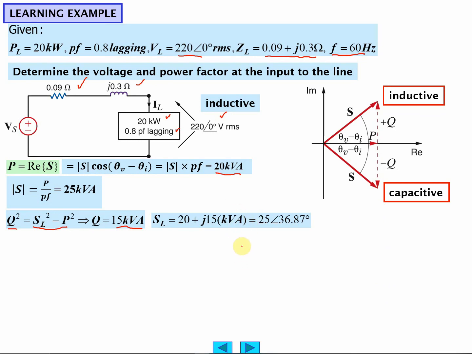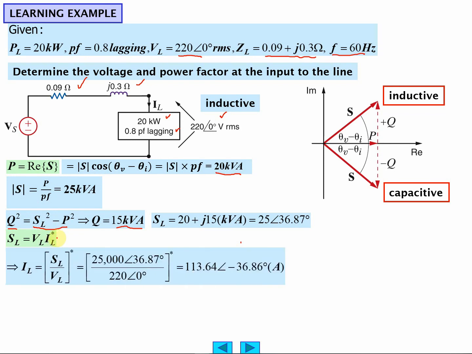The next step then is S_L is going to equal V_L times I_L star. I_L star is a complex conjugate. So we can write it like this. The 25,000 at this angle, S_L, divided by the 220. And I did check it with Octave, and this is correct.